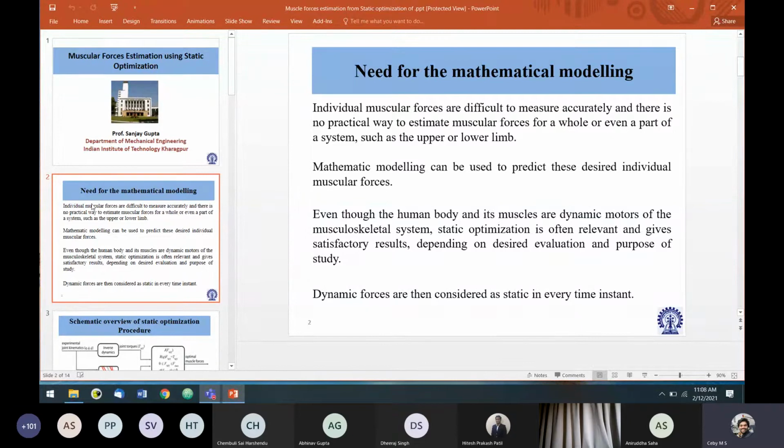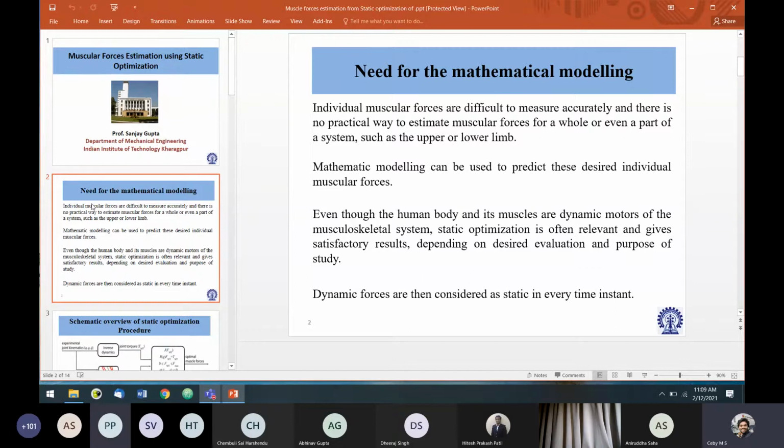But just consider if that assumption was not there, what would have been the outcome? If there is no assumption that the stress is the same throughout, like sigma m, there is no such thing as sigma m. So what will happen? Multiple solutions for muscle forces. Yes, there will be more unknowns than the available equations.